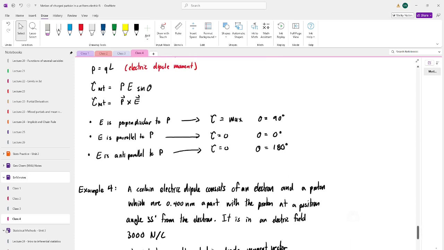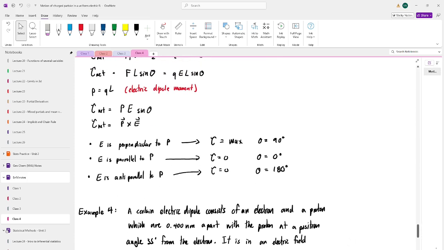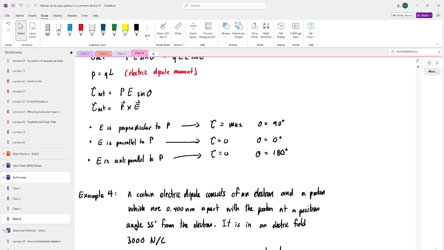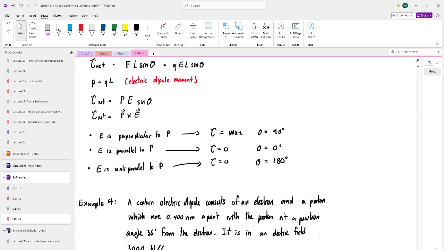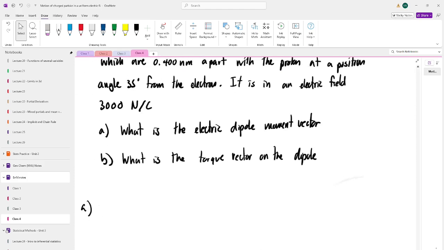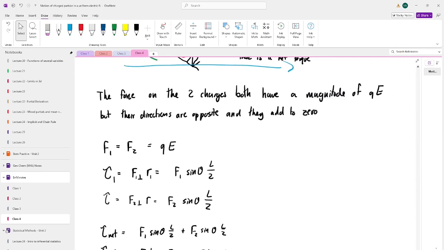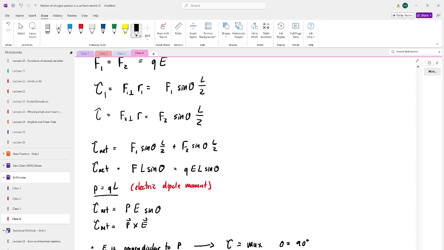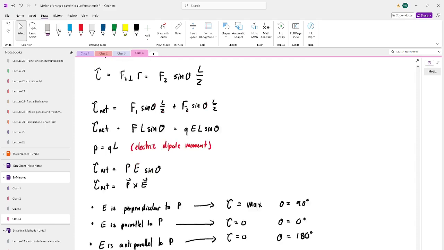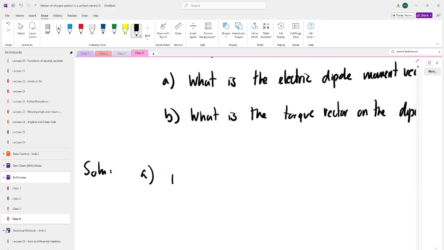So we defined earlier the electric dipole moment to be Q times L. So we said that P, where is it? It was here. P is equal to Q times L. So in this case, we're looking at an electron and a proton.